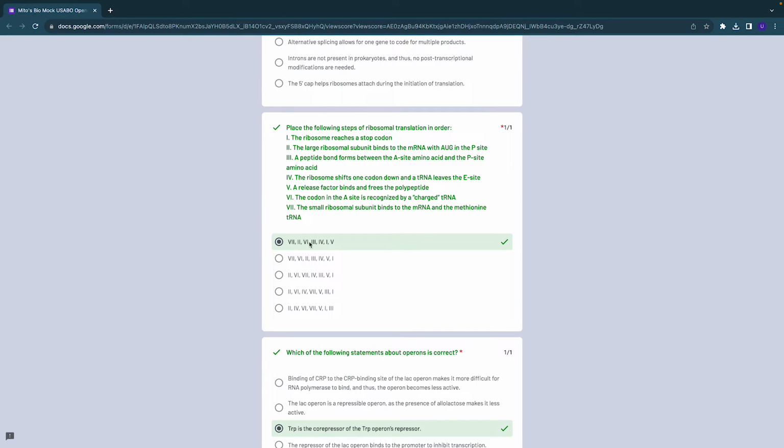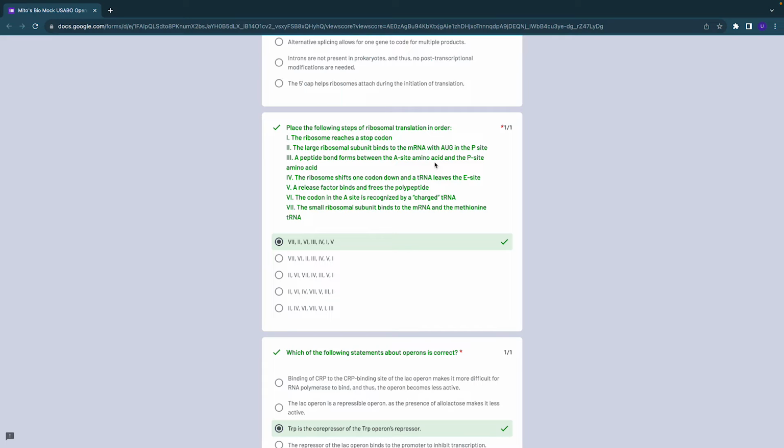And okay, for this one, just put things in order. We start with the small ribosomal subunit binding first, and then the large ribosomal subunit binds next. At this point, if you get those two, you already know what answer it is, but we can just keep on going. Our codon in the A site is going to get recognized by a charged tRNA, and then from there a peptide bond forms between that amino acid and the amino acid in the P site.